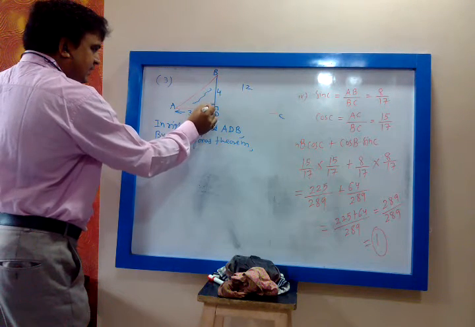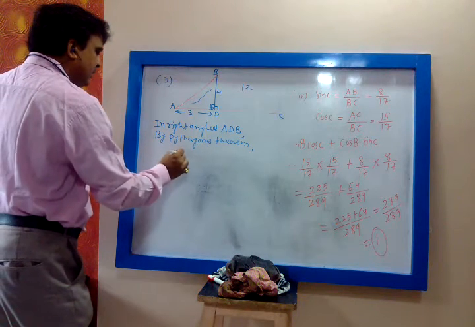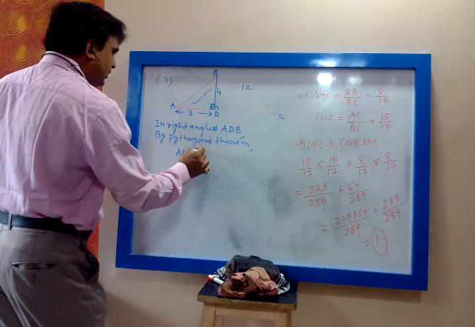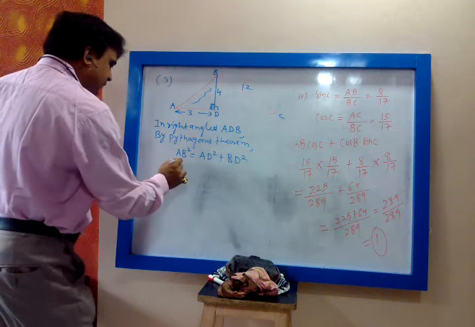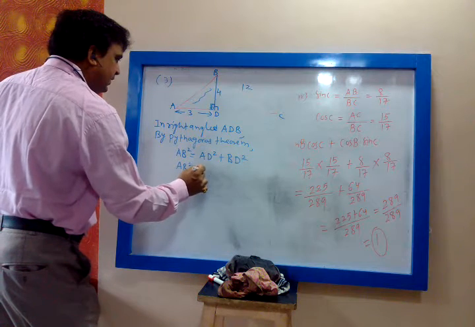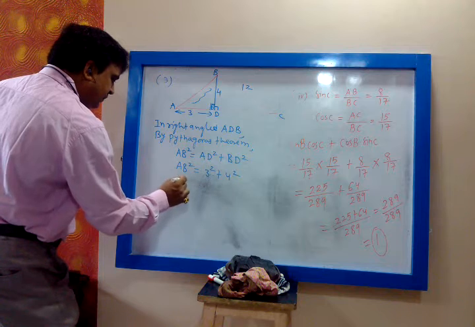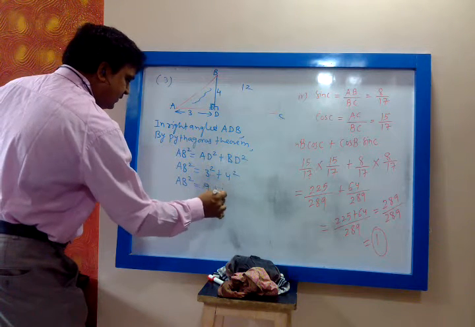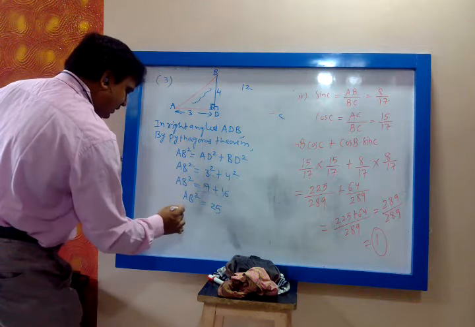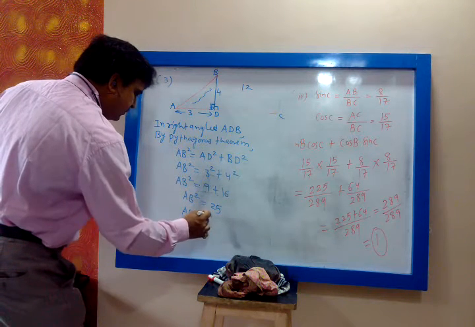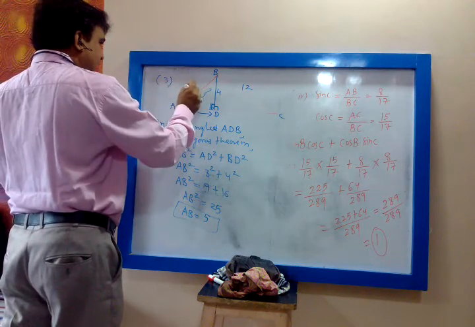This is 90 degrees, my dear, so AB is the hypotenuse for this triangle. AB square is equal to AD square plus BD square, 3 square plus 4 square. AB square is 9 plus 16, so AB square is 25. So AB is equal to 5.